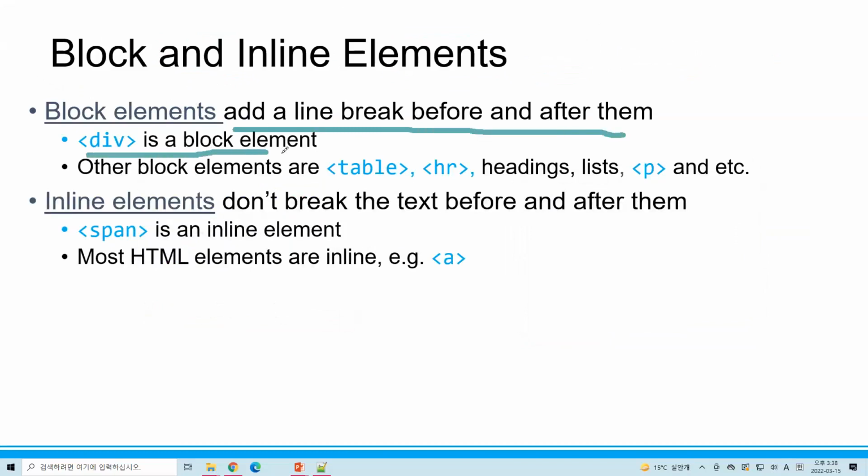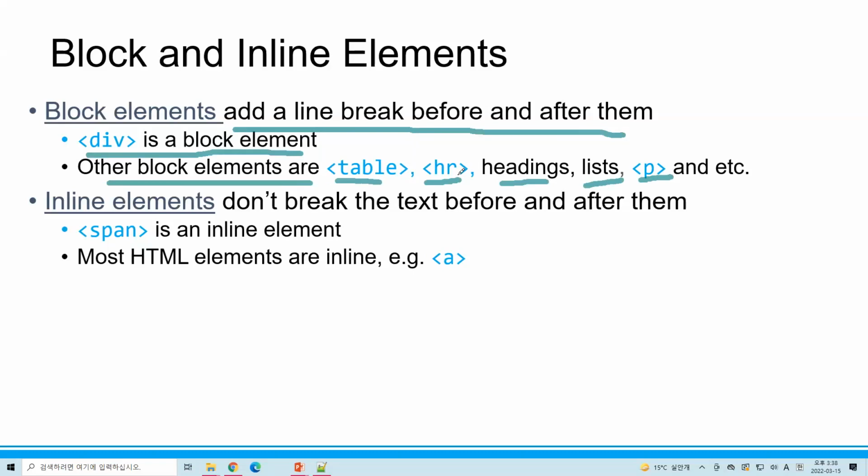Div is a block element, and the other block elements are related to heading, list, paragraph, and we are going to learn later about table, and then HR, the rule. So those are the block elements.